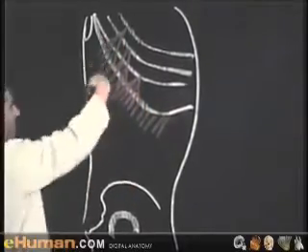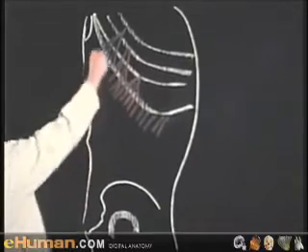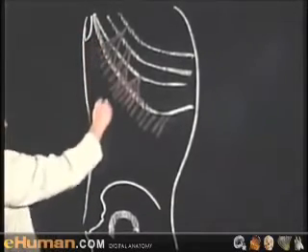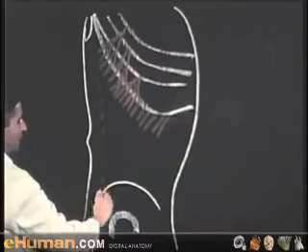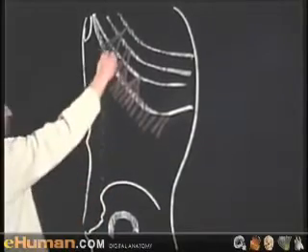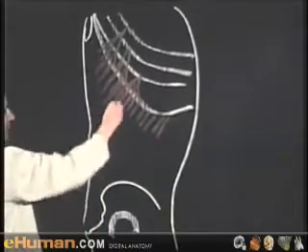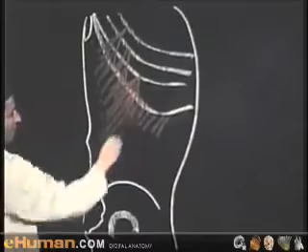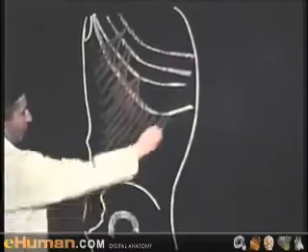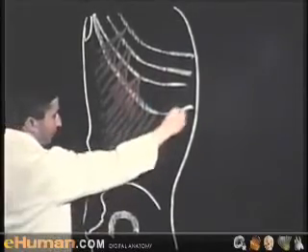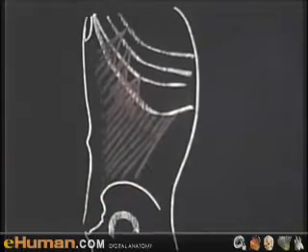Now, the actual muscular part of the external oblique occupies an area something like this, and then sweeps back, so that all this area here is filled in by the fibers. And you notice the fibers pass downwards and forwards into the abdomen, leaving a posterior free margin.